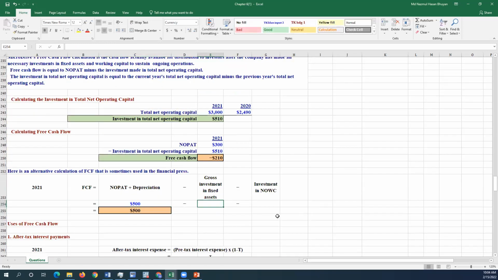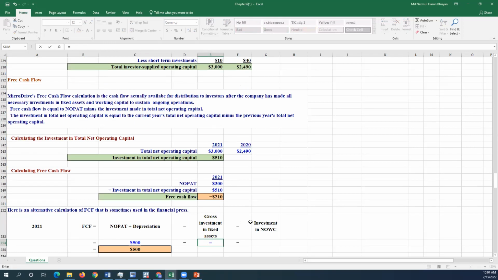Then gross investment in fixed assets. We already calculated our gross investment in fixed assets in the year 2021 in our statement of cash flows.